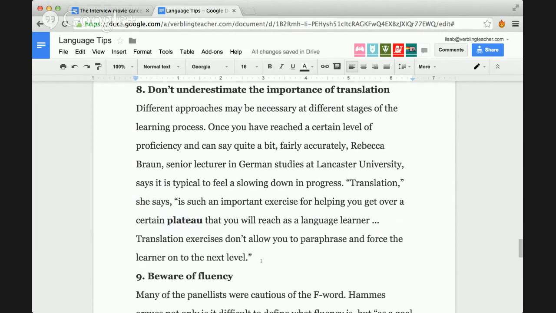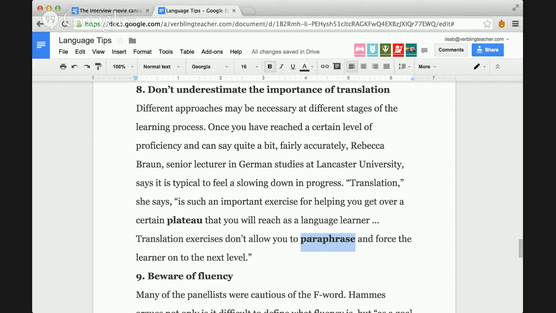The translation exercises don't allow you to paraphrase and force the learner to the next level. Teacher, what is paraphrase? To paraphrase something means to say it using different words. So what she's saying here is if you're doing some kind of translation exercise, like for example you had to translate this sentence here, instead of just saying it in different words in English, that would be paraphrasing it.